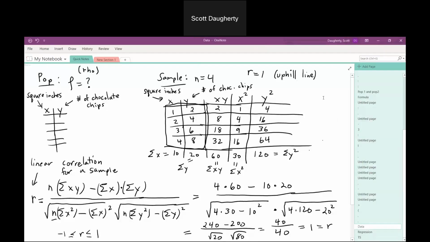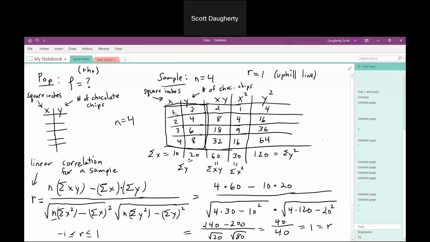Now, you may remember last time we started talking about bivariate data, where we have a bunch of ordered pairs in our sample. In the example we looked at last time, we had a big rectangular chocolate chip cookie, and we sampled four cookies.